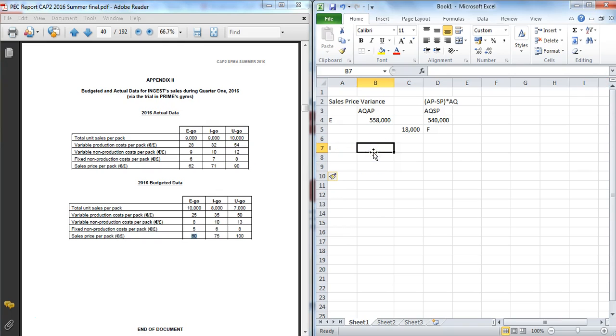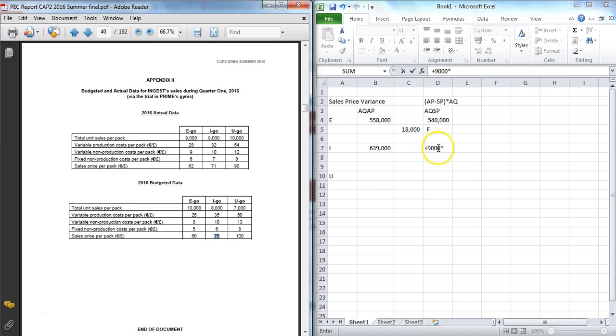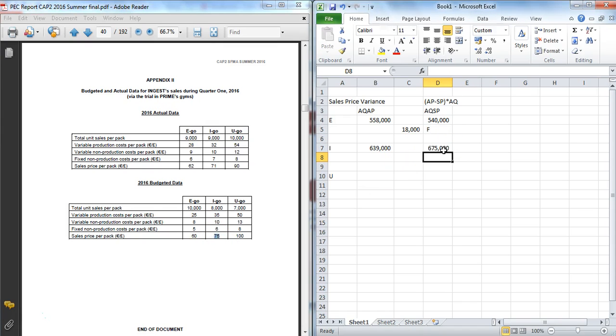Exact same approach. Once you know how to do one, the rest of them become mechanical. So actual quantity for IGO is 9,000 units as well, times actual price, which was 71. The actual quantity again is 9,000, but the standard price this time was 75. Now again, it doesn't matter which side is bigger. I still give a positive figure for the difference there.